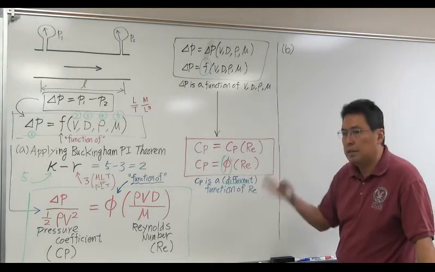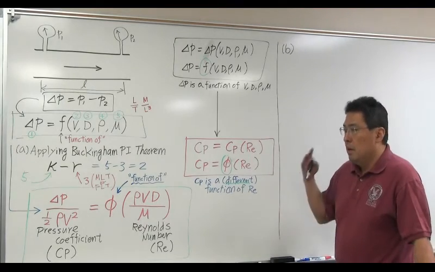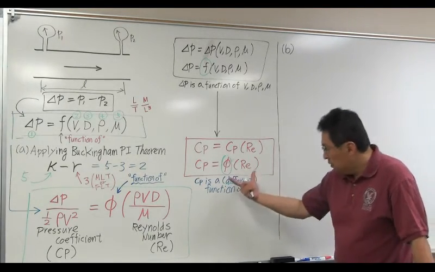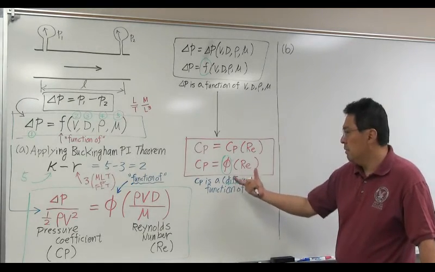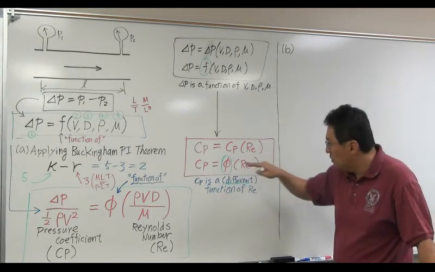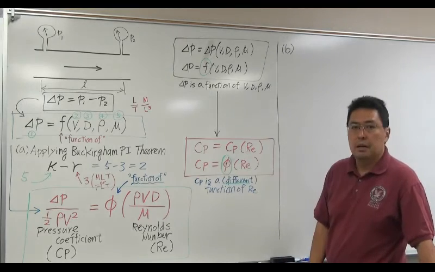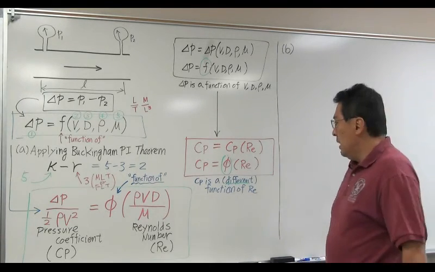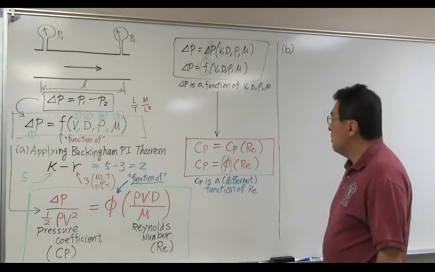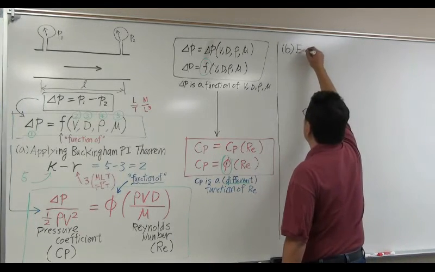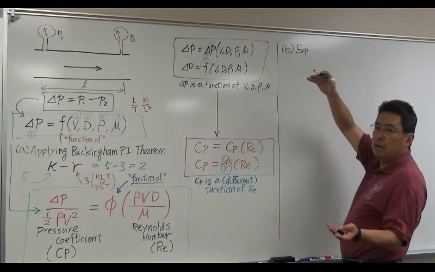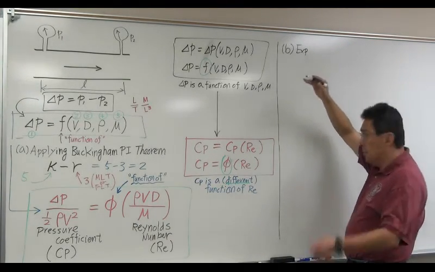So what exactly is such a function? Can you give me a functional relationship? Do we have an equation that actually relates Reynolds number to pressure coefficient? Yes, we do. And then oftentimes, how can we determine such a thing? We conduct the experiment. Okay? That is the reason why we oftentimes do experiments.